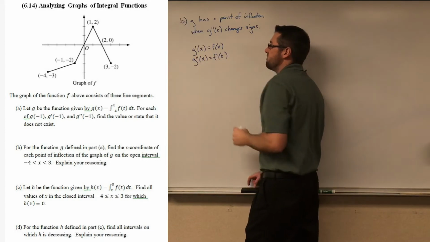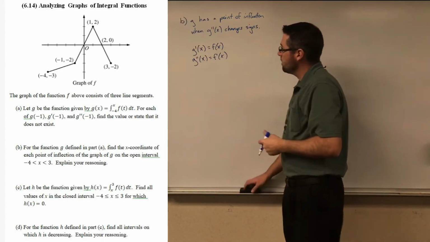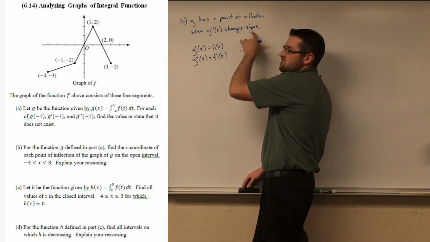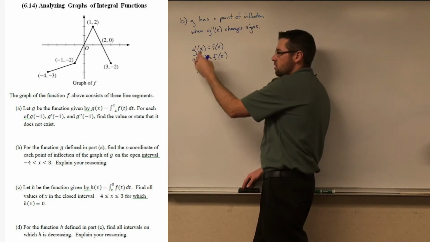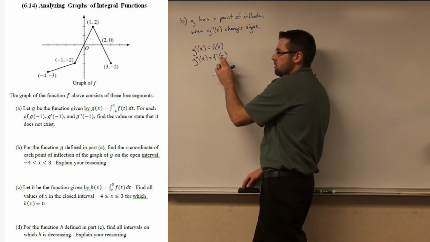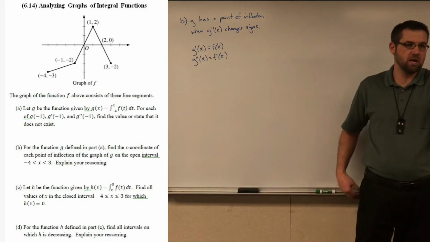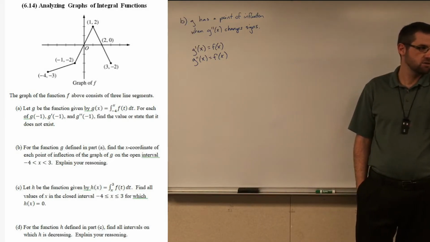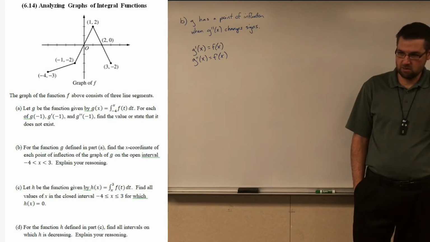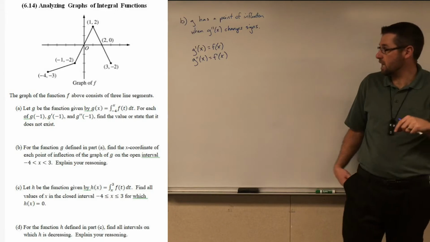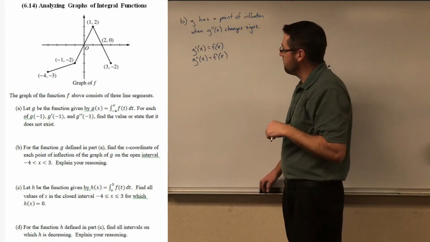So here's the final answer that we're going to say. When does G double prime change signs? Thinking of your chart, there's a couple ways. G double prime changes signs when G changes concavity, or when G prime changes direction. Okay, so let's do this.